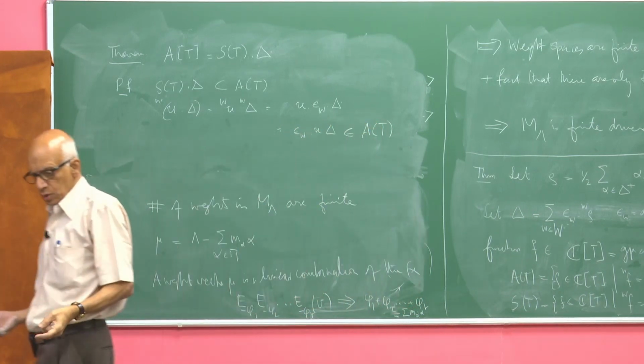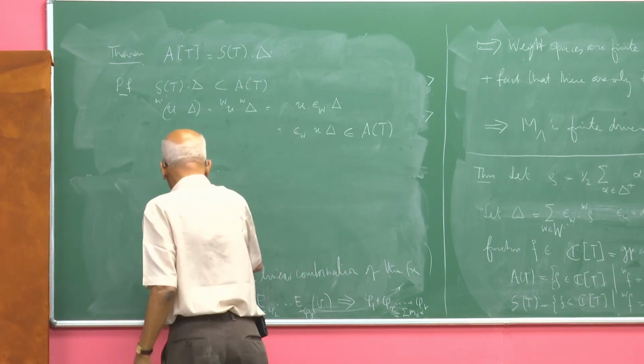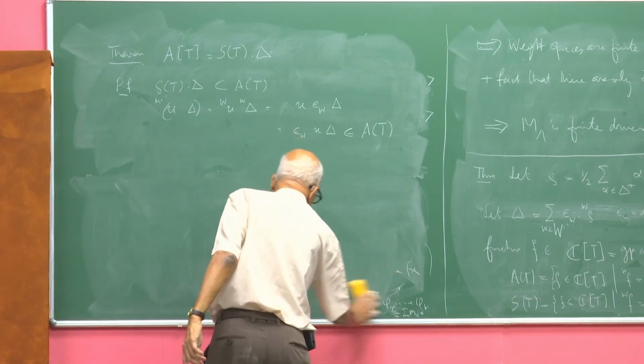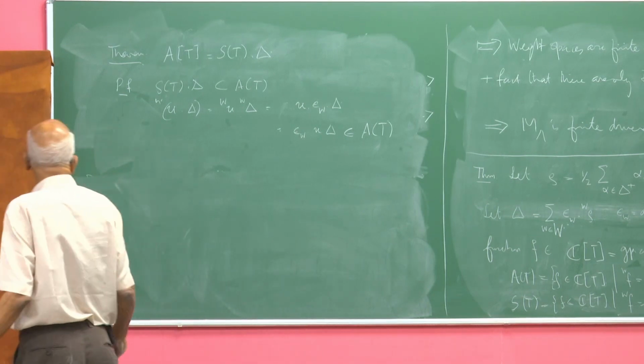Why is this onto? The way you prove this is the following. Firstly, I can identify A_T in the following fashion.